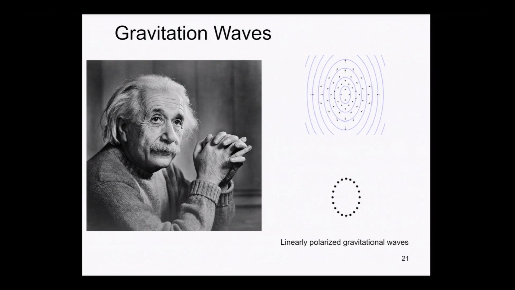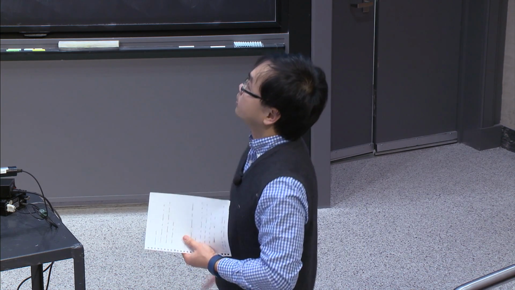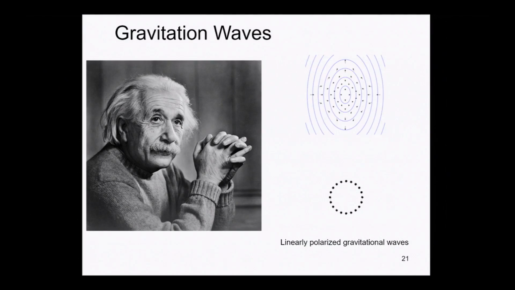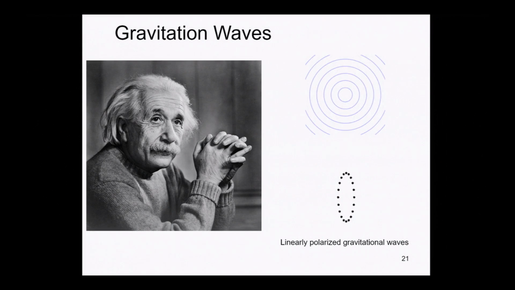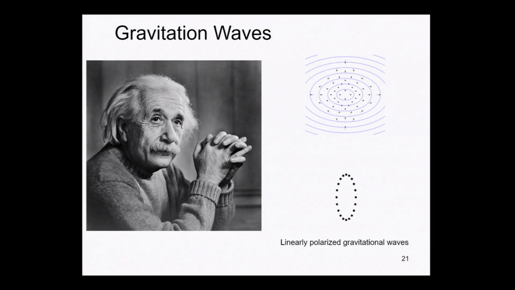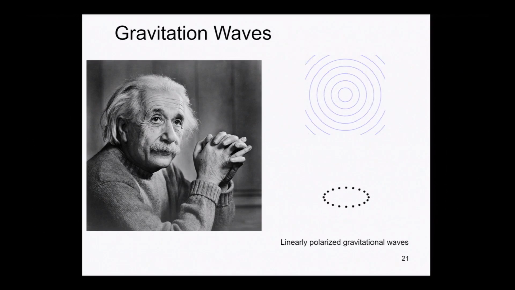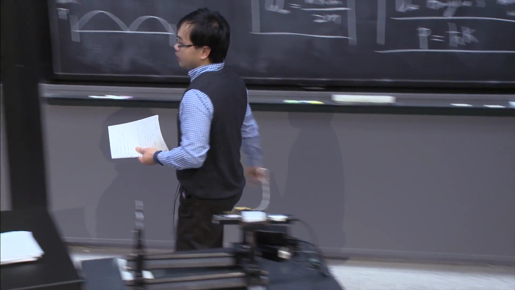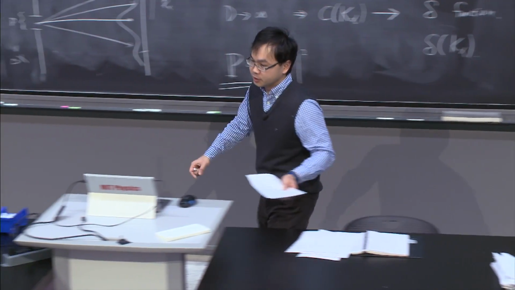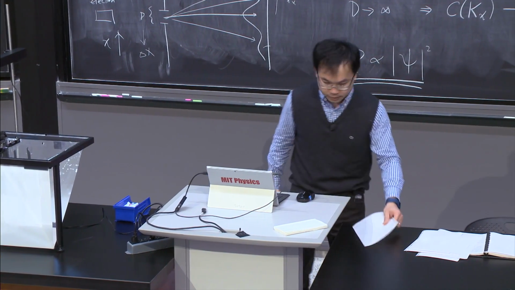If you put a circular array of particles, and look at what is going on when the gravitational wave passes through it in this direction, what you are going to get is an effect like that. Of course, this is highly exaggerated in this setup. You don't really see this kind of sizable distortion when Yen-Jie is dancing around, all right?